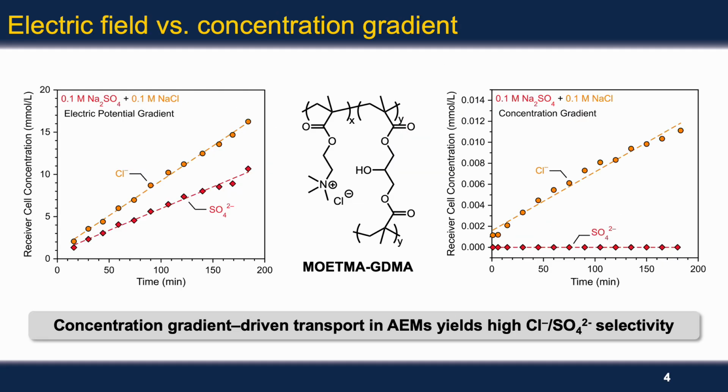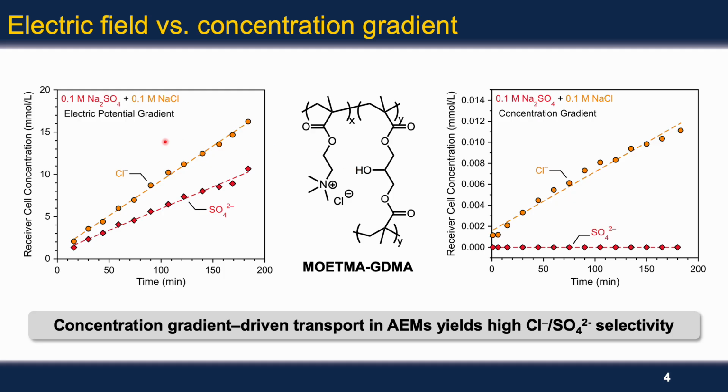In this study, we wanted to see whether the same mechanism can yield highly selective anion separations. Specifically, we focus on chloride-sulfate separation because this separation is very important for applications like water desalination and direct lithium extraction. We synthesized a positively charged membrane, or an anion exchange membrane, that we call MOETMA GDMA, a cross-linked membrane with a relatively high fixed charge concentration.